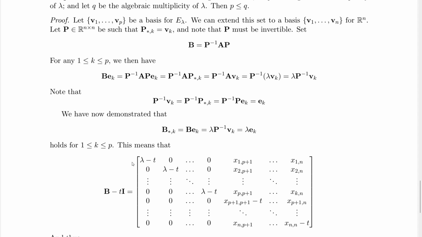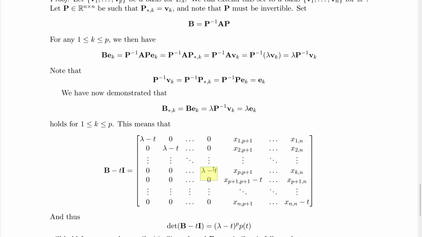And then as you march down, doing your other cofactor expansions, you'll pick up a lambda minus T term as well, and the zeros around it are going to ensure that no other things are going to pop up. Right, and you'll march all the way down, and you're going to pick up a lambda minus T, P times.